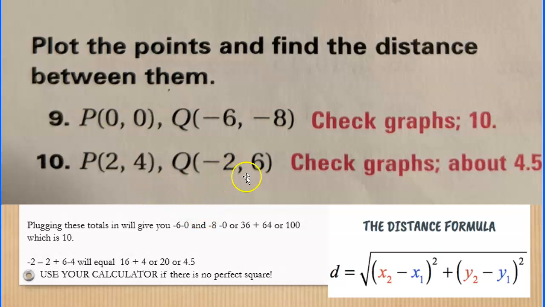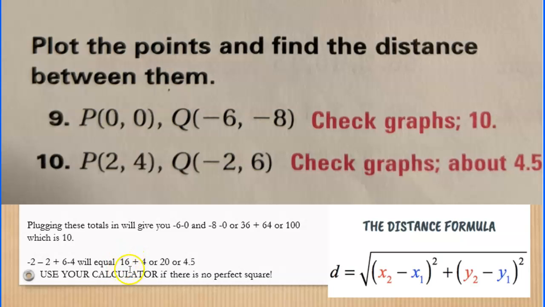Then for the second one, here is our x sub 2, negative 2, minus 2, and 6 minus 4. Negative 2 minus 2 is going to be a negative 4.